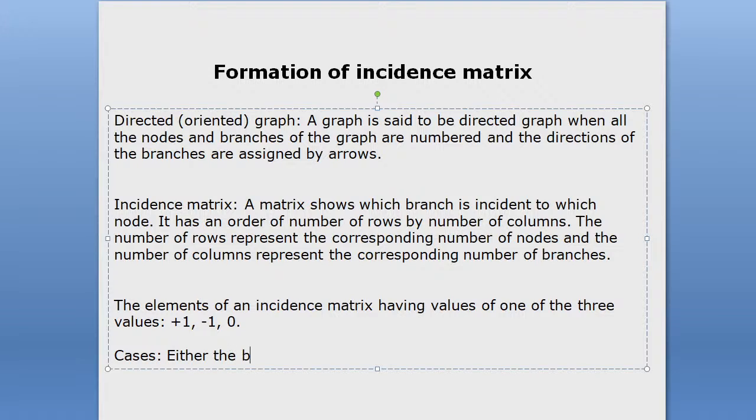For example, the branch is incident to a particular node, or it is not incident.